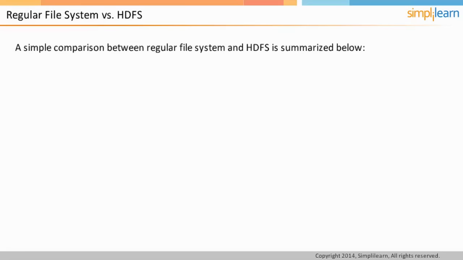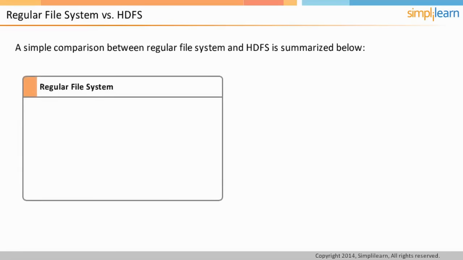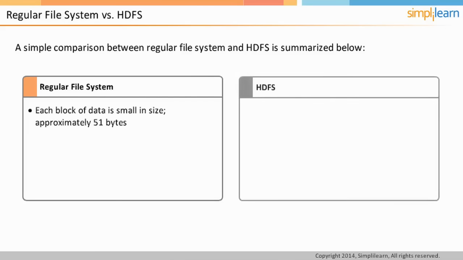A comparison between a regular file system and HDFS is shown on screen. In a regular file system, each block of data is small, usually about 51 bytes. However, in HDFS, each block is of a very large size. It is 64 megabytes by default.